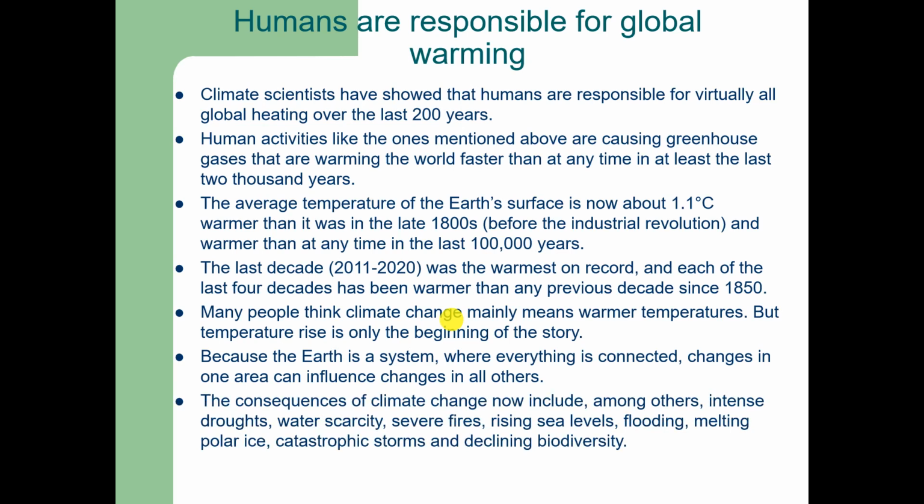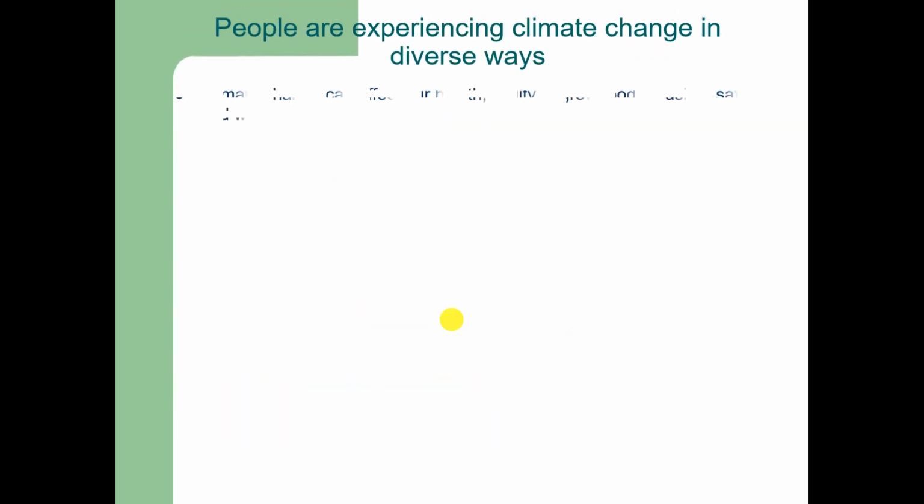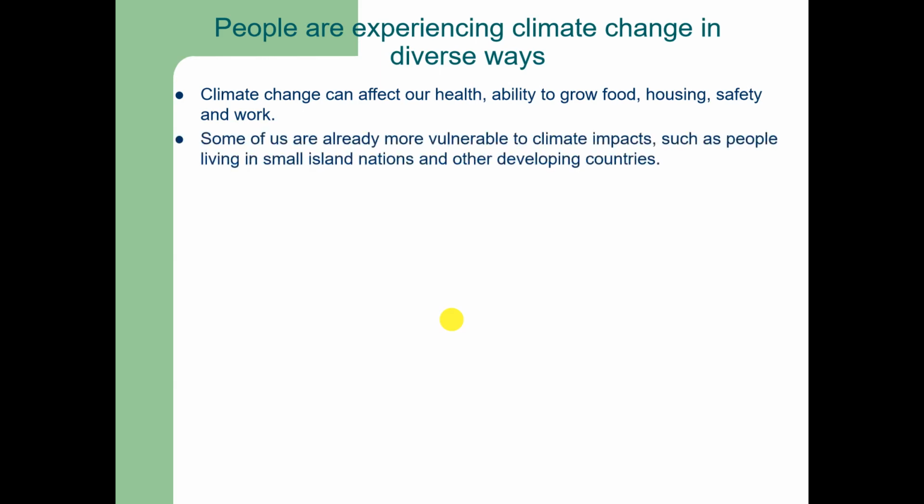The consequences of climate change now include intense droughts, water scarcity, severe fires, rising sea levels, flooding, melting polar ice, catastrophic storms, and declining biodiversity, among others. Climate change can affect our health, ability to grow food, housing, safety, and work. So people are experiencing climate change in various ways.